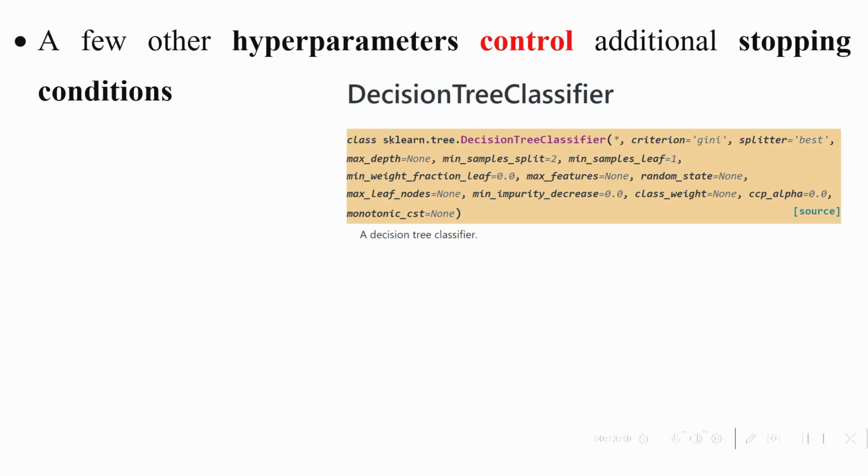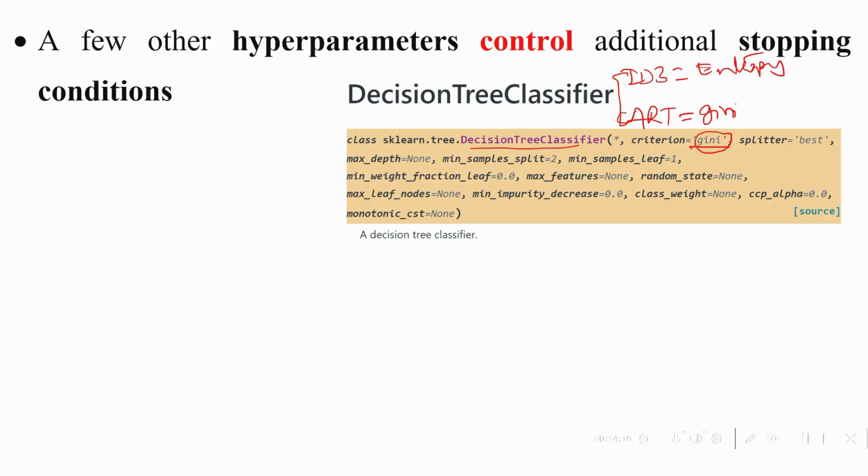The sklearn.tree DecisionTreeClassifier contains different hyperparameters like criterion equal to gini. Our algorithm uses the CART algorithm, which internally uses the Gini value. If it is the ID3 algorithm, instead of the Gini value, it uses entropy. That is the difference between the CART algorithm and the ID3 algorithm.